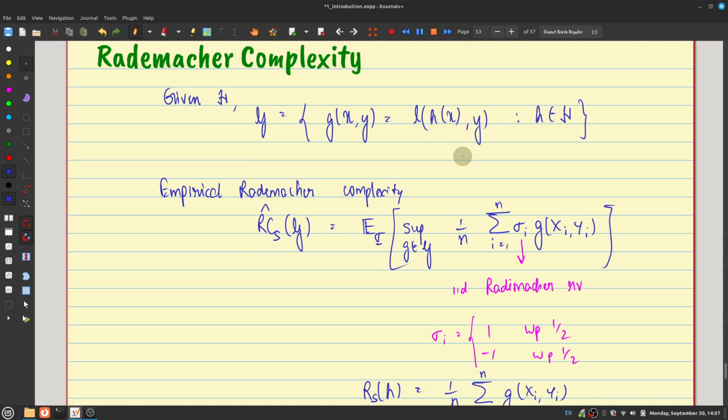Using this, I defined the empirical Rademacher complexity, which is this weird looking quantity. It looks like a weighted empirical risk. It's not exactly equal to the empirical risk, but the terms are weighted by plus or minus 1 random variables. Then you take the maximum over all possible hypotheses, or in other words all possible g, and take an expectation over the Rademacher random variable sigma.